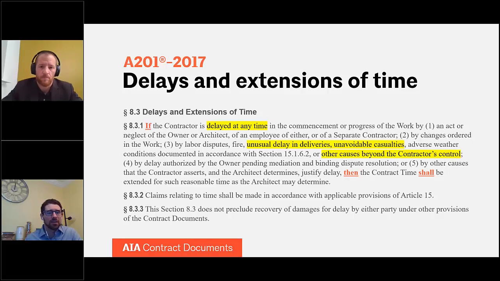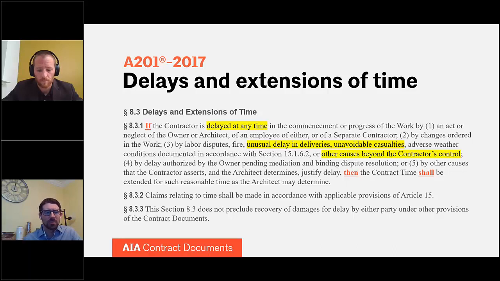Specifically as it relates to COVID-19, a contractor may very well experience an unusual delay in delivery. For example, if they have a piece of equipment or some type of material that is being manufactured and delivered from overseas, they may experience a delay in that delivery.